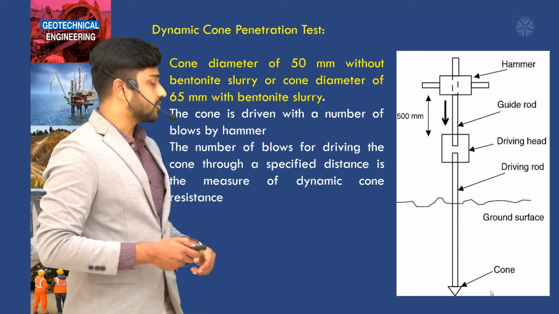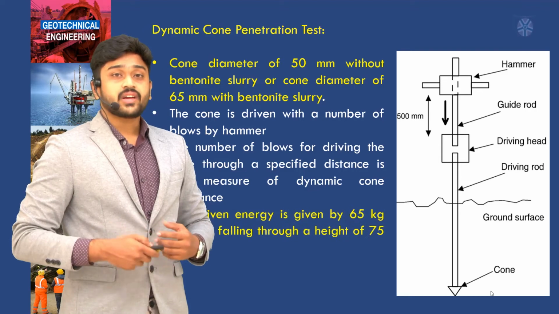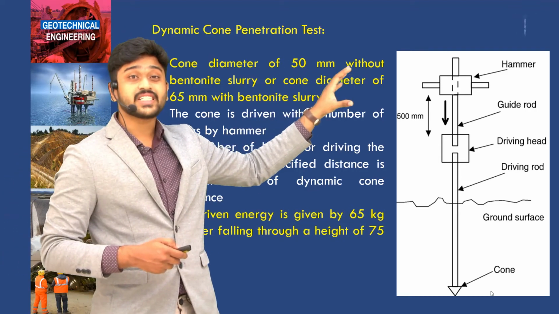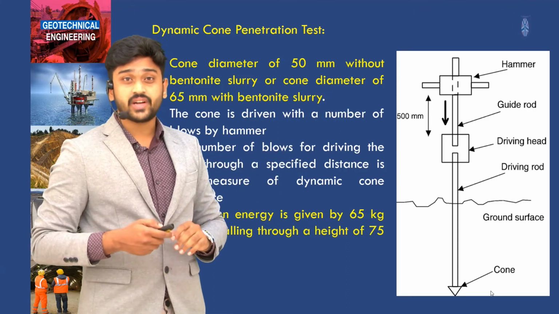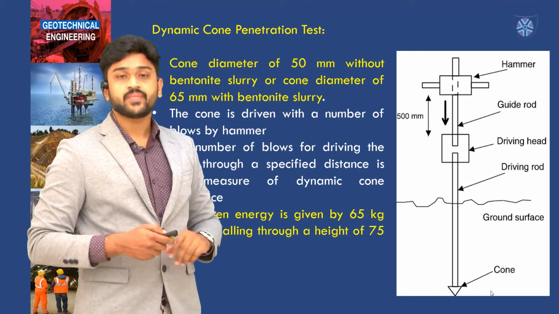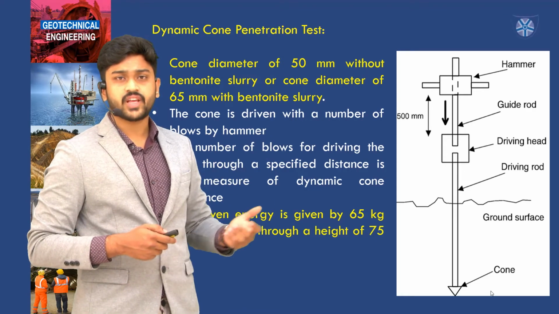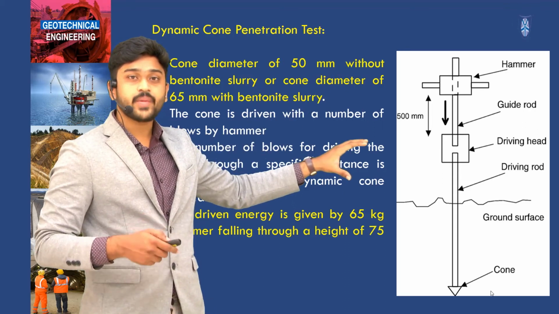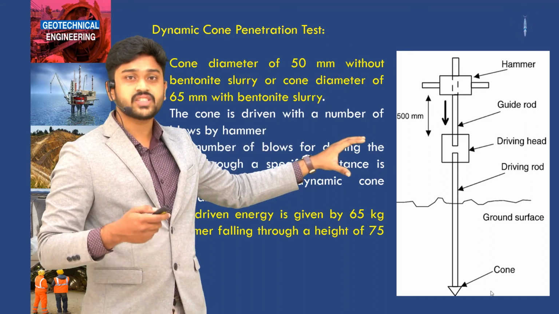Clear? Now coming to the driving energy, the hammer that is used has a weight of 65 kg, as in the standard penetration test, and the height of fall is generally 75 centimeter or 750 mm. So the height of fall of this hammer is the same as that of the standard penetration test, which is 75 centimeter.